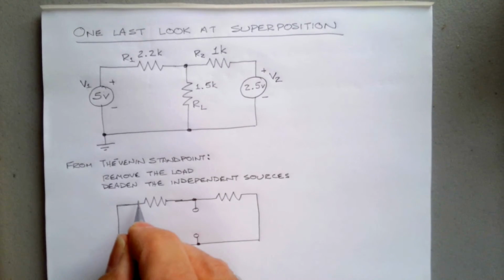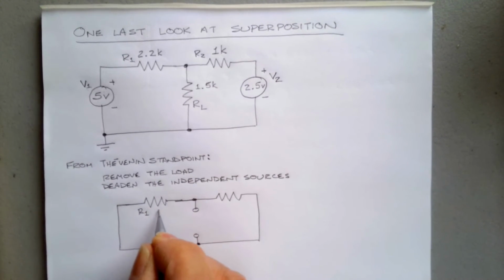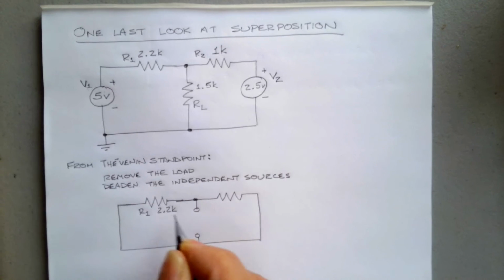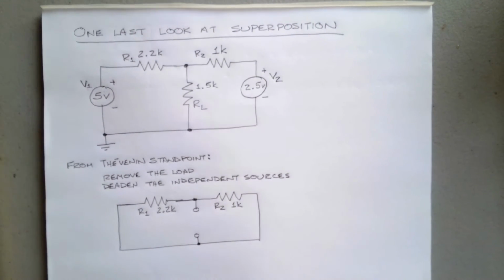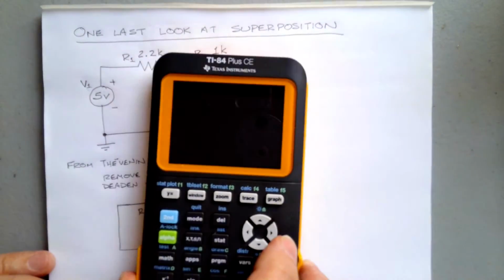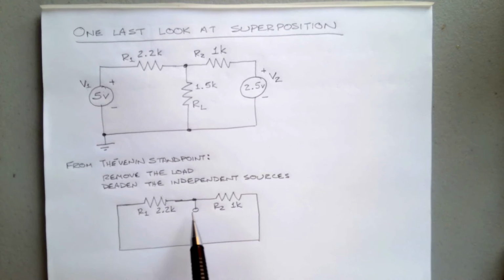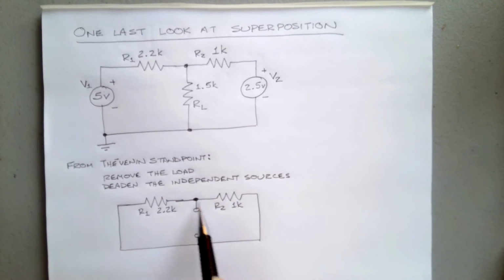Where this is R1 and it's 2.2K, R2 is 1K, and they're a parallel combination, since both of these go from this node to this node.